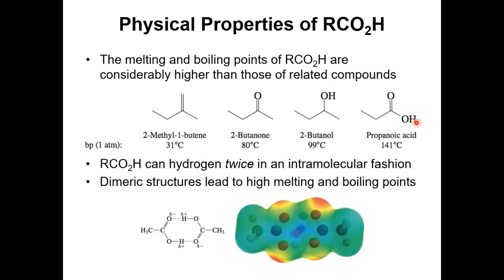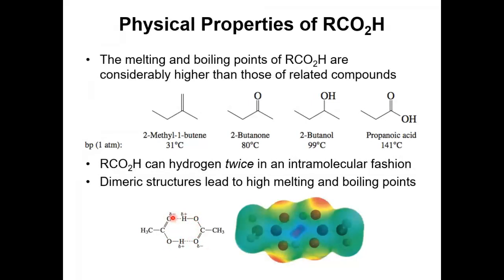So carboxylic acids are neutral, so they still have hydrogen bonding, but their hydrogen bonding is sometimes even stronger than that of alcohols. Why is it stronger? Because two copies of a carboxylic acid can have their carboxyl groups form hydrogen-bonded dimers.